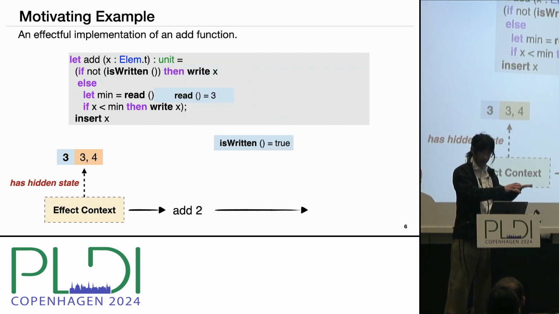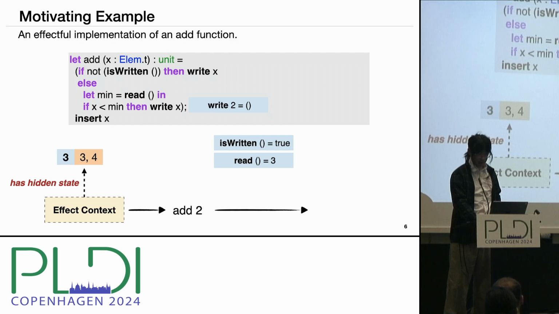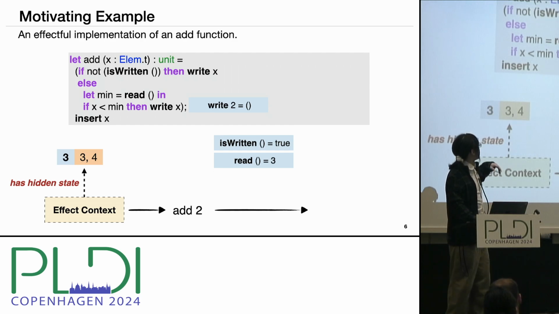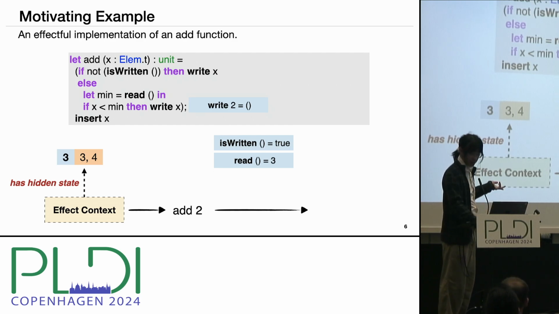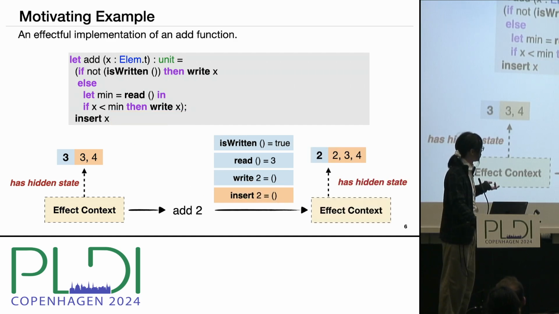And we go to the second branch, where we read, and we read the element 3 because the minimum element is 3. And because the input element 2 is less than 3, we need to update the minimum element. So write 2 and also insert 2. And we go to another context.